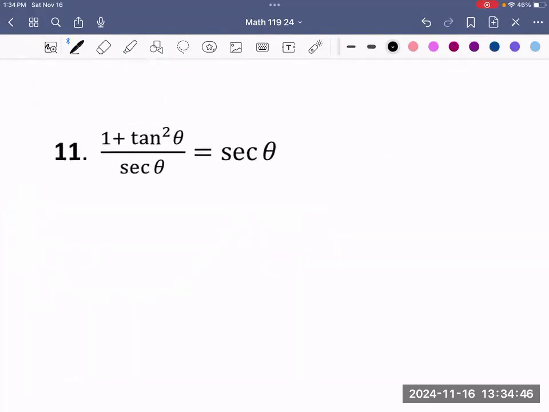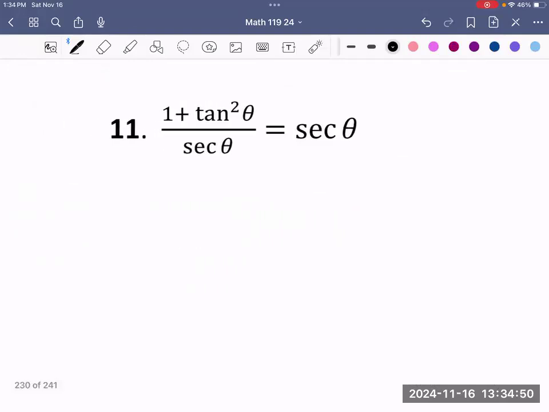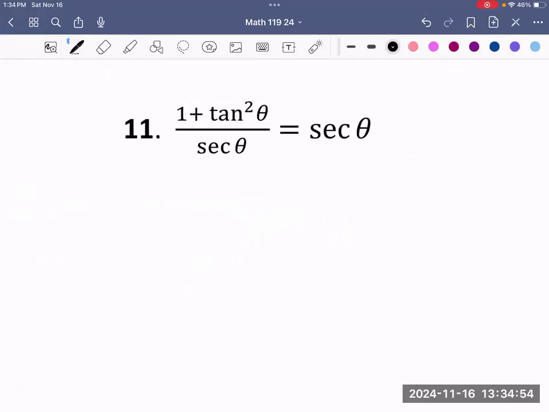Let's try it again over here. So you have 1 plus tangent squared over secant. Up top, if we haven't recognized this one before, this is another trig identity. If I were to derive it really quickly, 1 plus tangent squared is equal to what value?